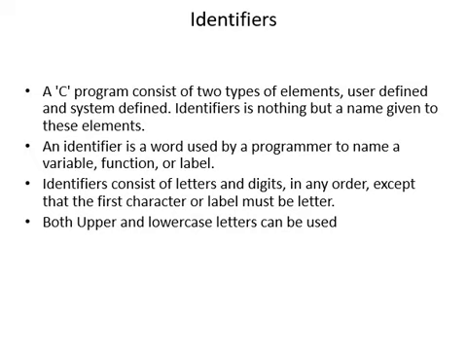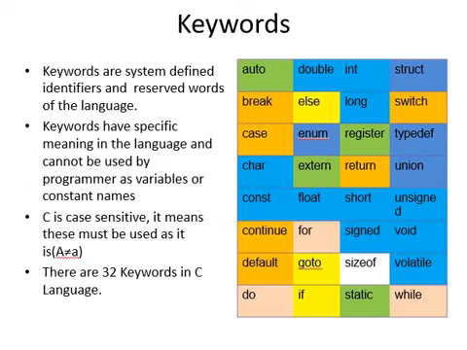So the variable name, function name or label name should start with a letter. We can use both uppercase and lowercase letters, but they are not equal as C is case sensitive.